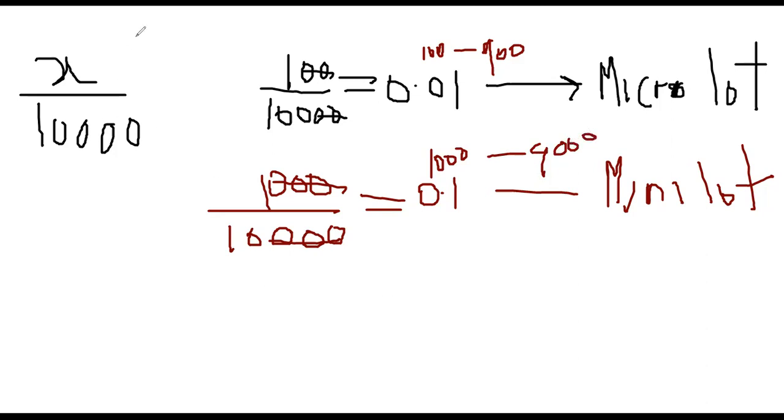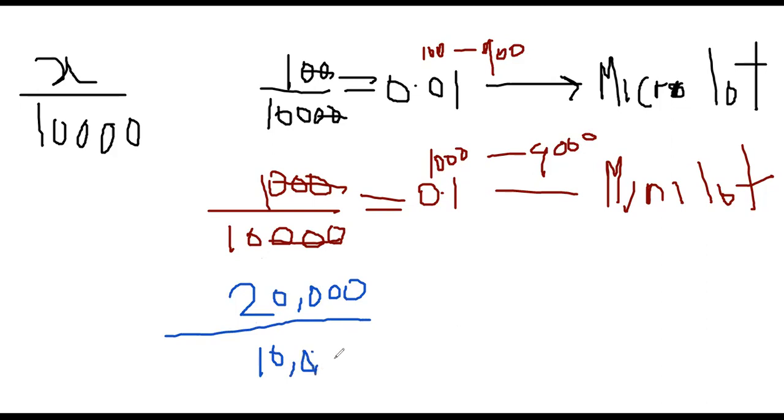A standard lot is a lot size that is probably 10,000 over 10,000 or 20,000 over 20,000. Sorry, let's even use 20,000 over 10,000. Zeros cancel zeros. 20 divided by 10 is what? 2.